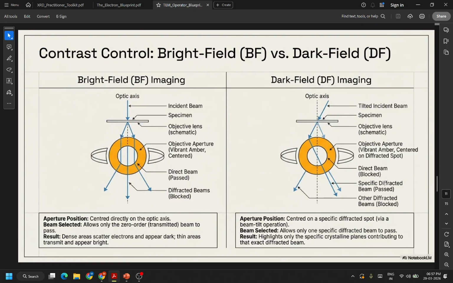In dark field imaging, since only one specific diffracted beam is passing, it highlights only the specific crystallite planes contributing to that exact diffracted beam. So instead of intensity, here we are looking at crystallite planes of a particular beam.